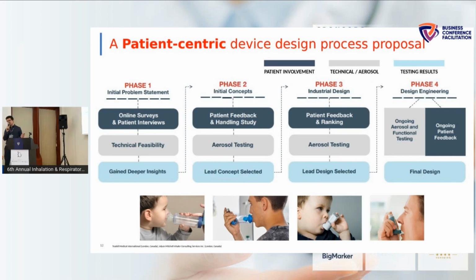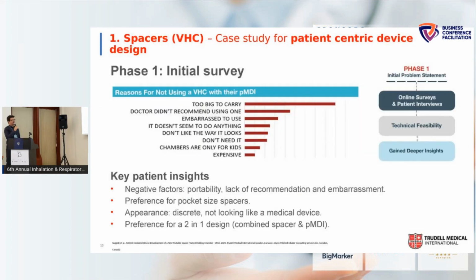So for the spacer example, you have the whole process with the four phases. For the inhalation device, you'll see that this is a phase 4 example. So the product was already on the market, and they did a new design engineering based on the feedback they were getting from the patients in order to optimize it further to ensure that patients can really benefit from it. So starting with the Trudel Medical example.